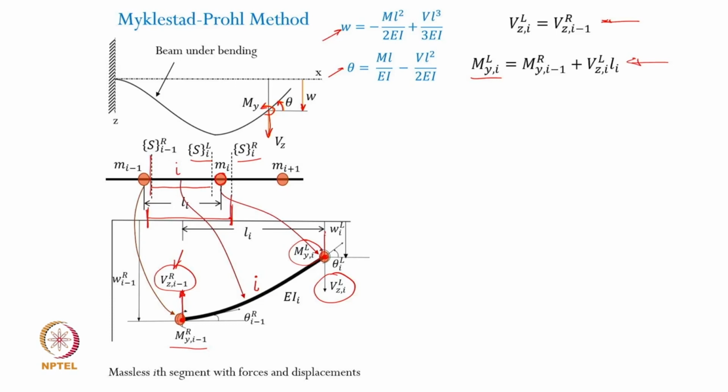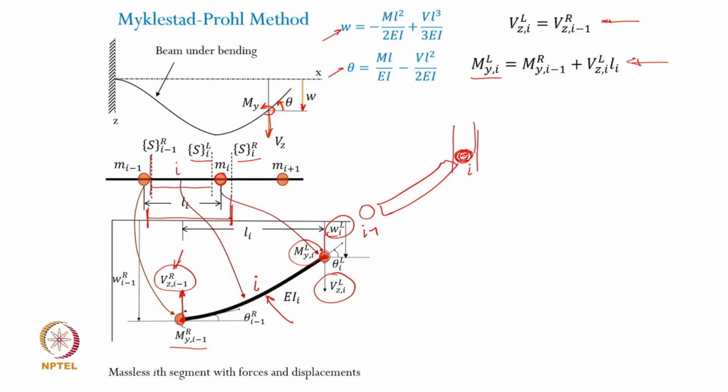What about the deflections? WiL, the deflection on the right side of the segment. Okay. So WiL actually represents the deflection just on the left of the ith mass, right. But for the segment it is the right side deflection. Please make a note that this segment is like this. You have this segment, you have the previous i minus 1th mass, and this is the ith mass. So there are these two state vectors, right, and because this is considered as a point mass, there is no size associated with it.